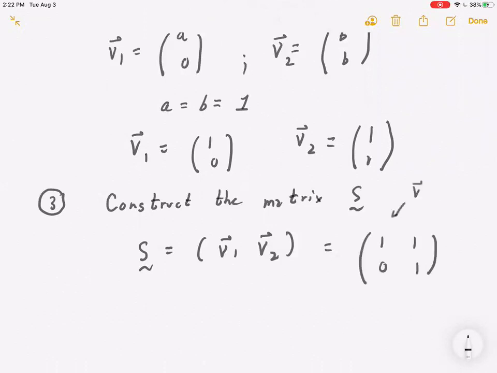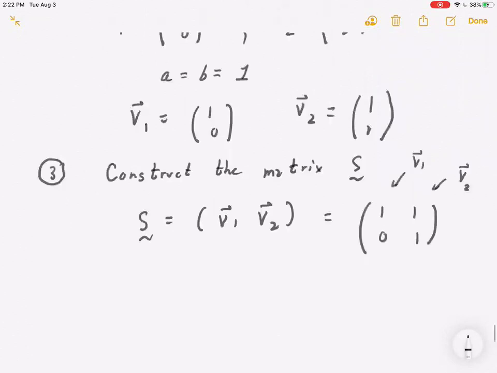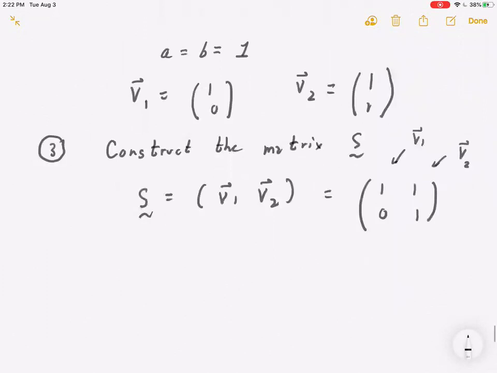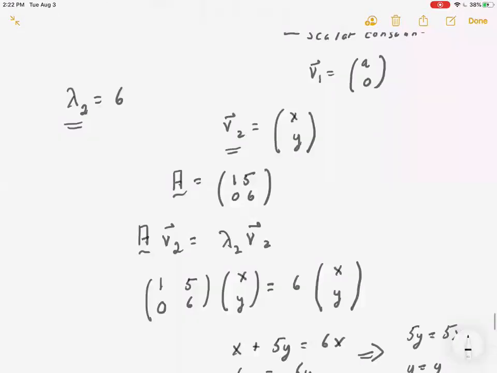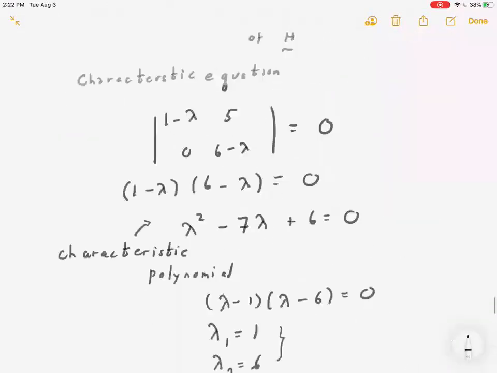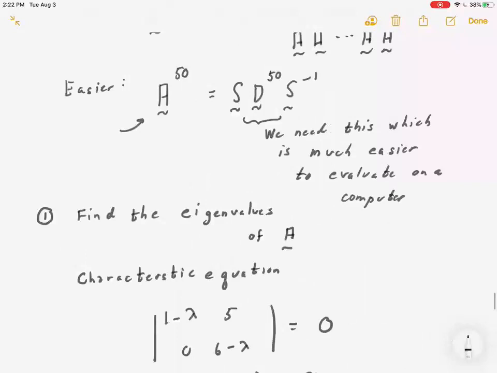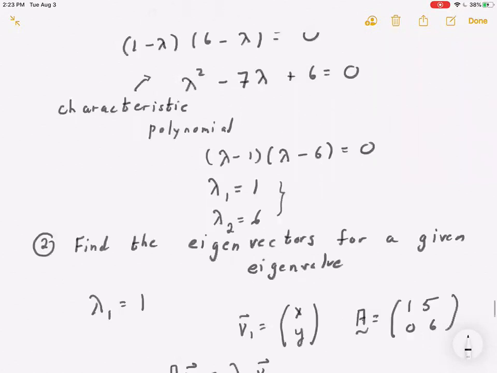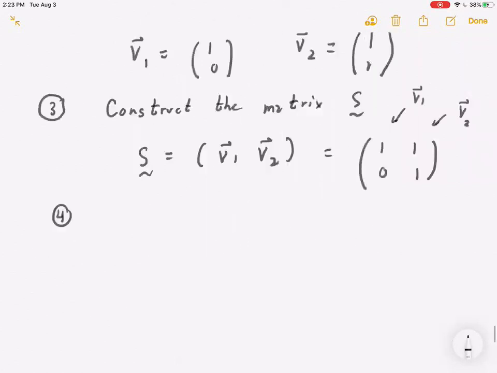First column is v sub 1, second column is v sub 2. Next, remember what we're doing. We're basically trying to determine all of the information so that we can figure out what the right-hand side of this expression is, so we can come up with a nice answer for what we should get when we take the matrix A and raise it to the 50th power without doing this by brute force.